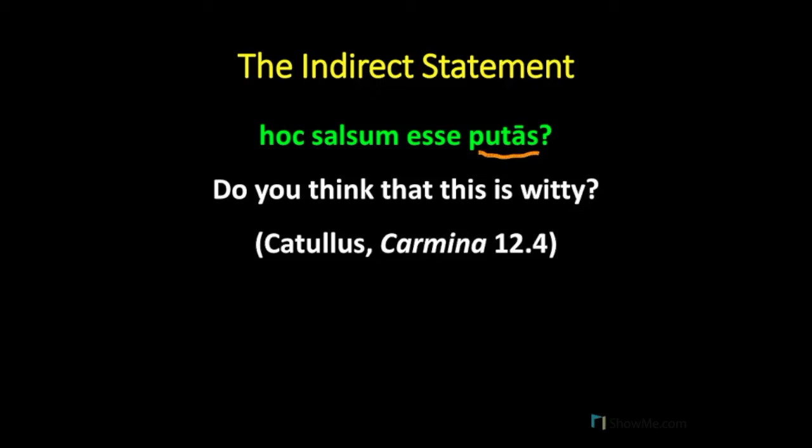Salsum is an adjective in the accusative case, referring back to hoc, which is the accusative subject of the indirect statement. And esse is our present tense infinitive. So, do you think that, indirect statement word, that, this thing is witty? Yes, we do, Catullus. Yes, we do.